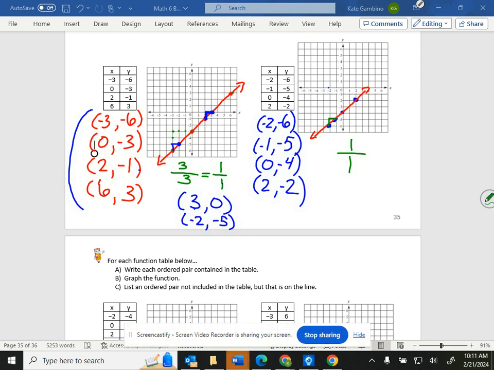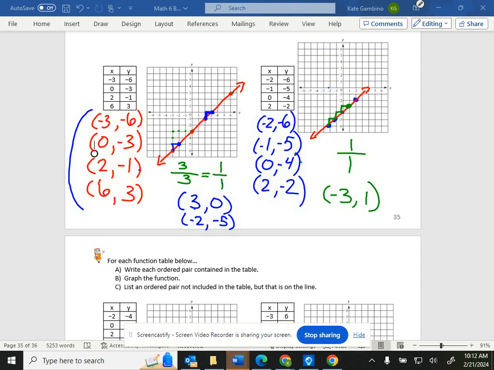So now I'm going to go to a place on my line that doesn't already have an ordered pair. I can't say, okay, I'm going to put this one because that's already listed. I can't go up 1 and over 1 to this one because that's already listed. But I can go up 1 here and over 1 here. This point is not listed yet.